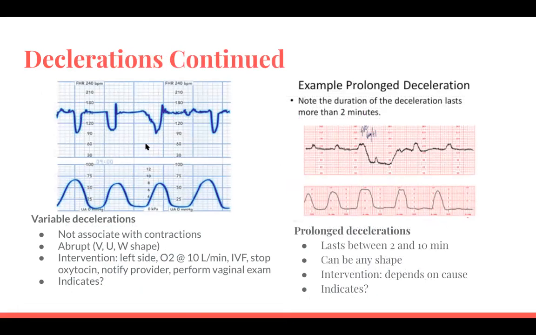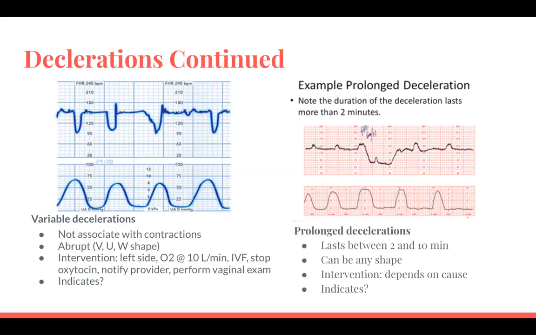Okay, decelerations continued. Variable decels indicate prolapsed cord or cord compression. It is not associated with the uterine contractions. If they're abrupt, if they're V, U, or W shaped, your first intervention is going to be to turn that mom.